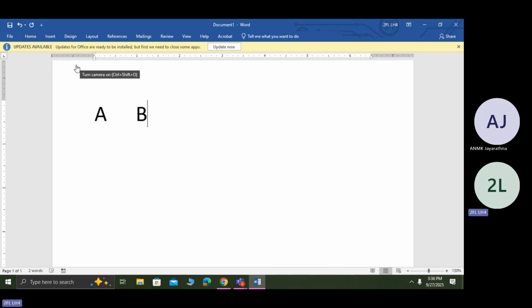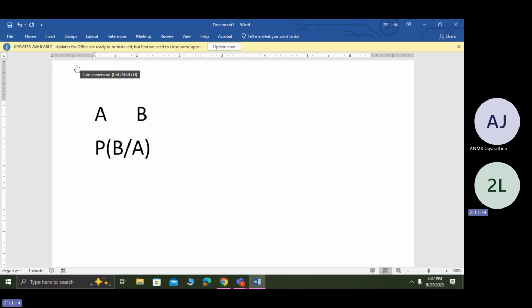Why? Now we find the probability of event B, but at that time event A has already occurred. It's clear? Then here we can write it down. Probability of, first we mention our second event. What is the second event according to our example? Event B. Okay. Then we write the first event.